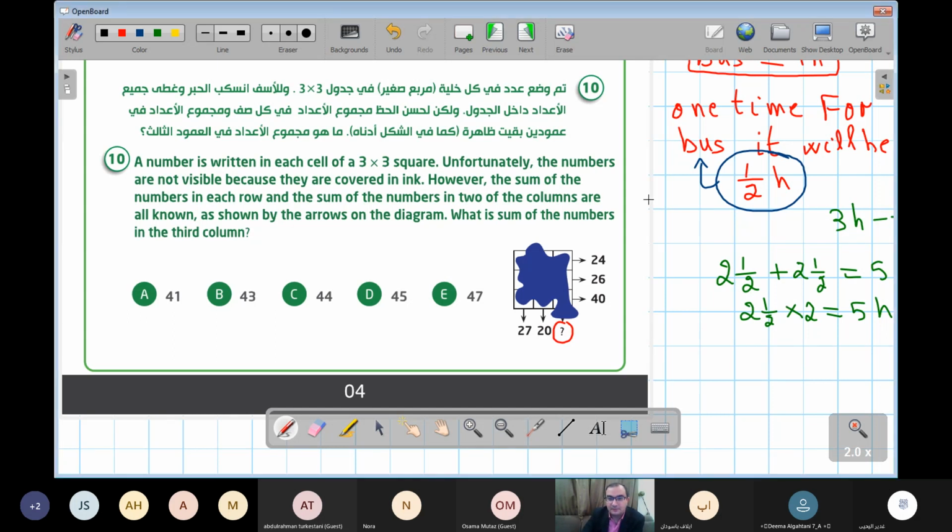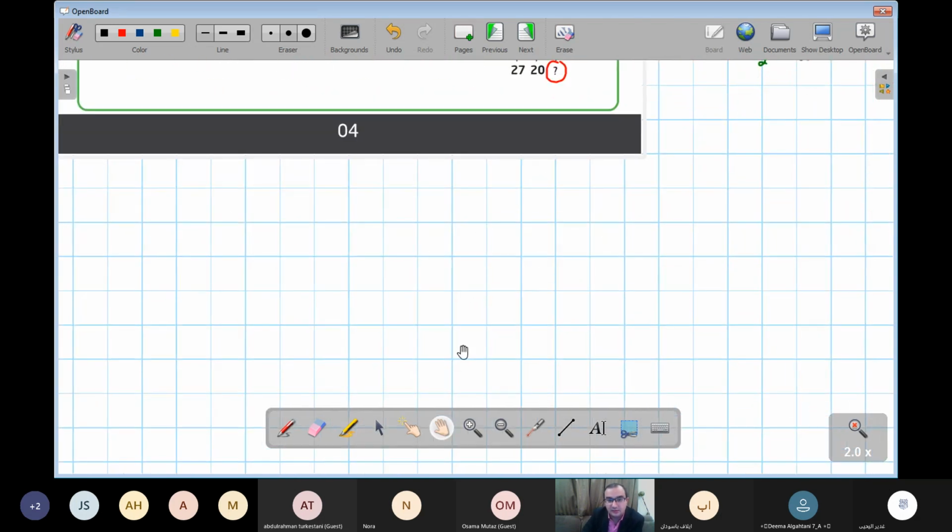I'm gonna repeat. This is the square, okay? We have 9 boxes in this square, but we don't know each number for each box. We only know the sum of 3 boxes, vertical or horizontal, like this. I'm gonna make a picture like this. This is 1, 2, 3, and 4.